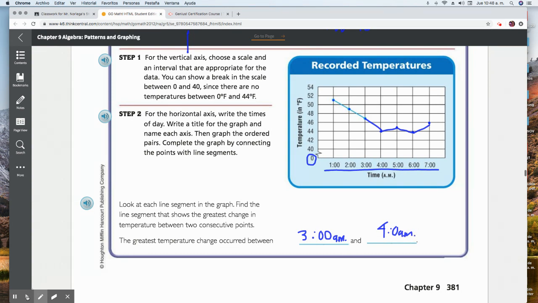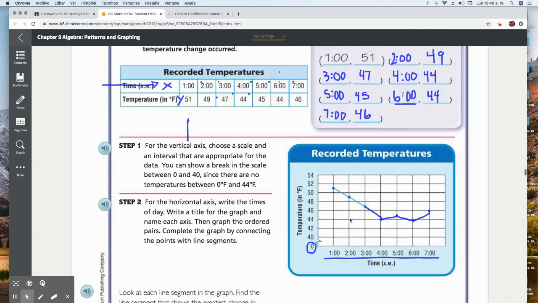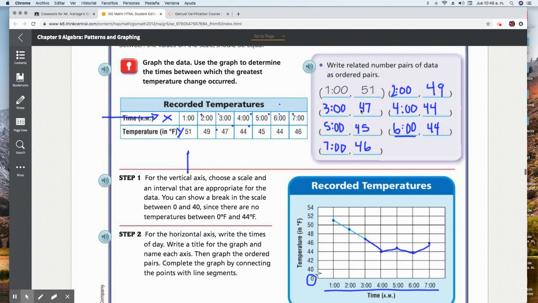Okay, another way you can find the greatest temperature change is by comparing the numbers right here. So if we compare 3 a.m. and 4 a.m., we can find a difference, 47 and 44. So there's a difference of 3, right? 51 and 49, there's only a difference of 2. 49 and 47, there's only a difference of 2. 47 and 44, there's a difference of 3.